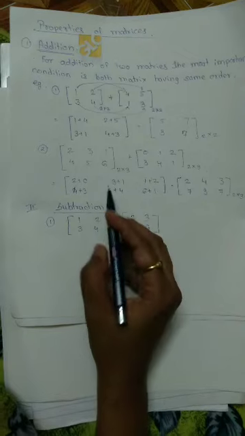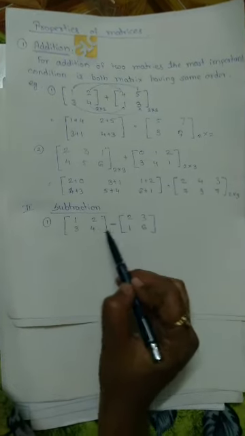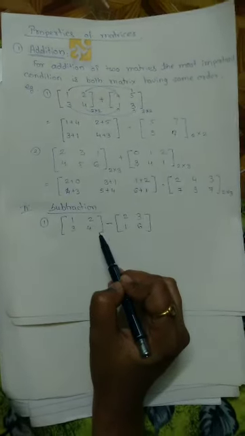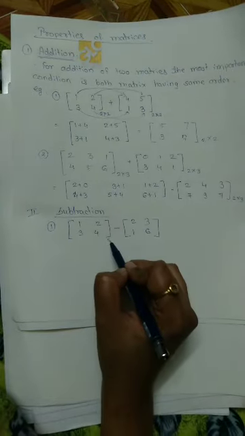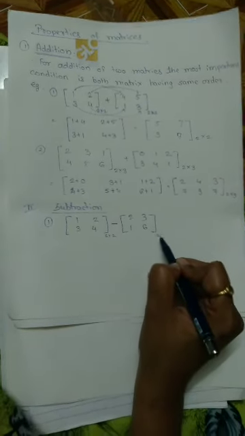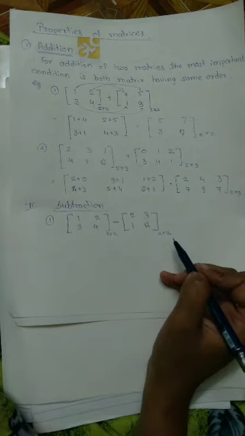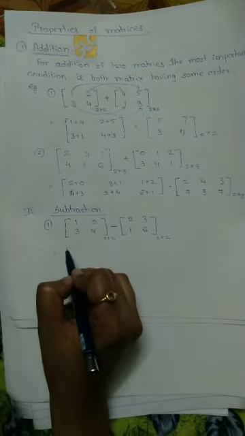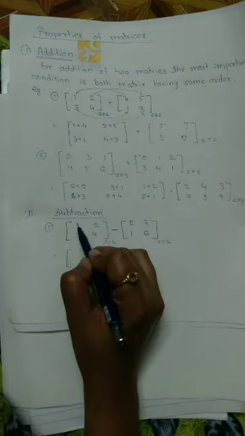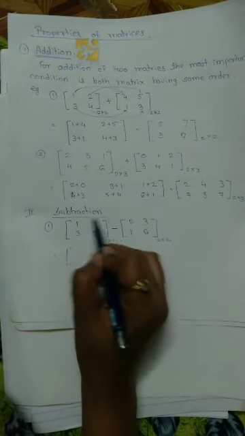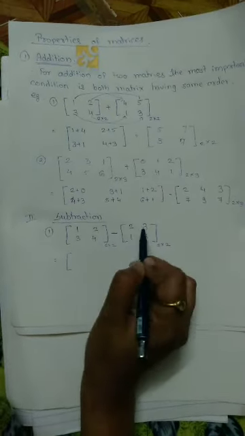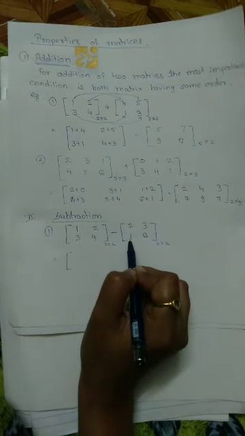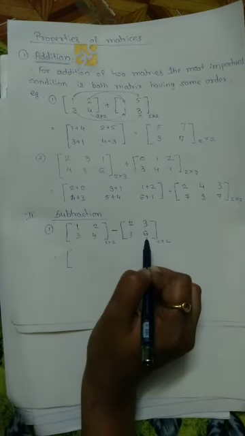So again, just like addition, in subtraction also the basic condition is the same, both matrices have the same order. So the first one is 2 by 2, the second one also is 2 by 2. So again, like addition, what we are doing, we are subtracting the first entry from the first, second entry from the second, third entry from the third, and fourth entry from the fourth.